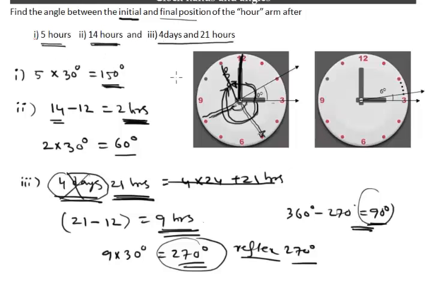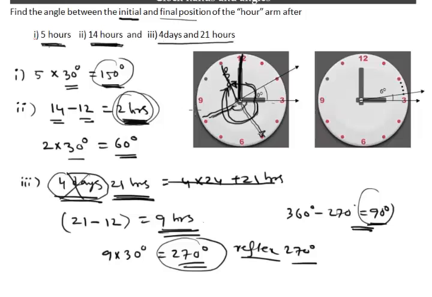So in summary, if the time is less than 12 hours, we just multiply by 30 degrees and get the angle between initial and final position. If it is greater than 12 hours, we subtract 12 hours, multiply the remaining hours by 30 degrees, and get the angle.